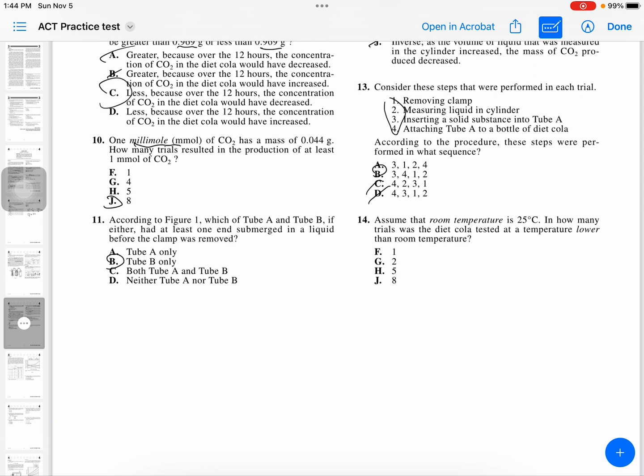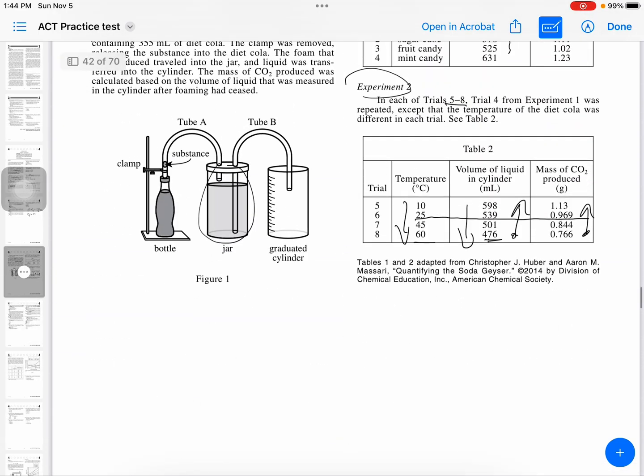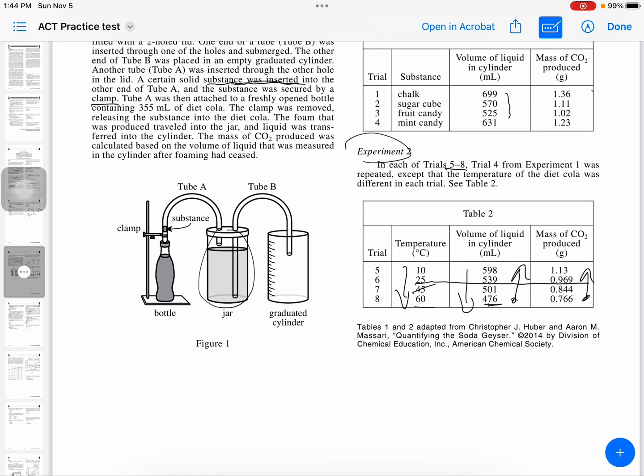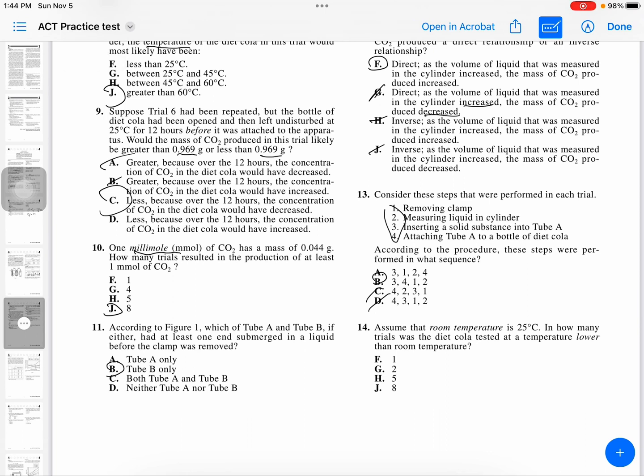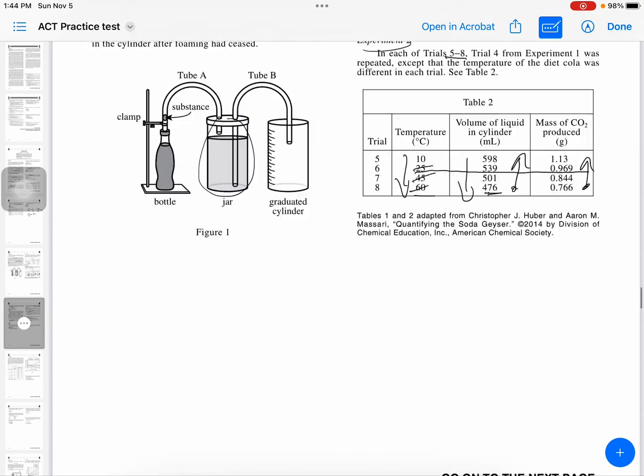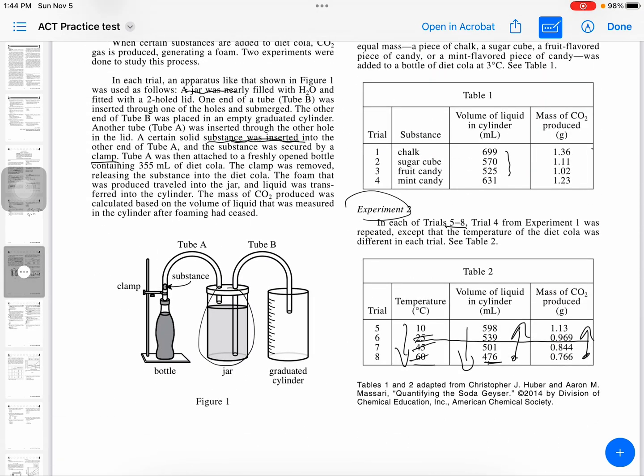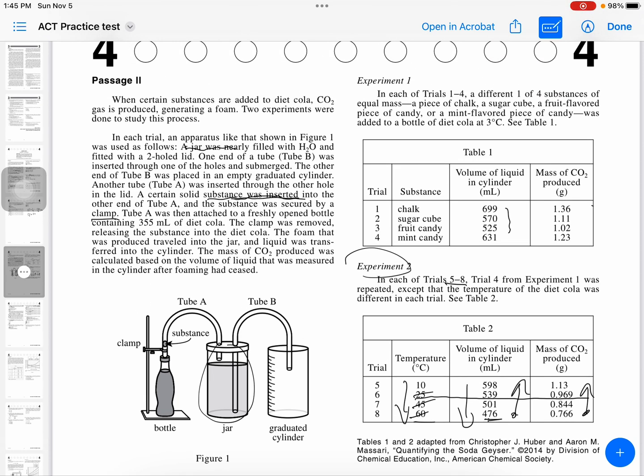In how many trials was the Diet Cola tested at a temperature lower than the room temperature of 25 degrees Celsius? Diet Cola was different in each trial.